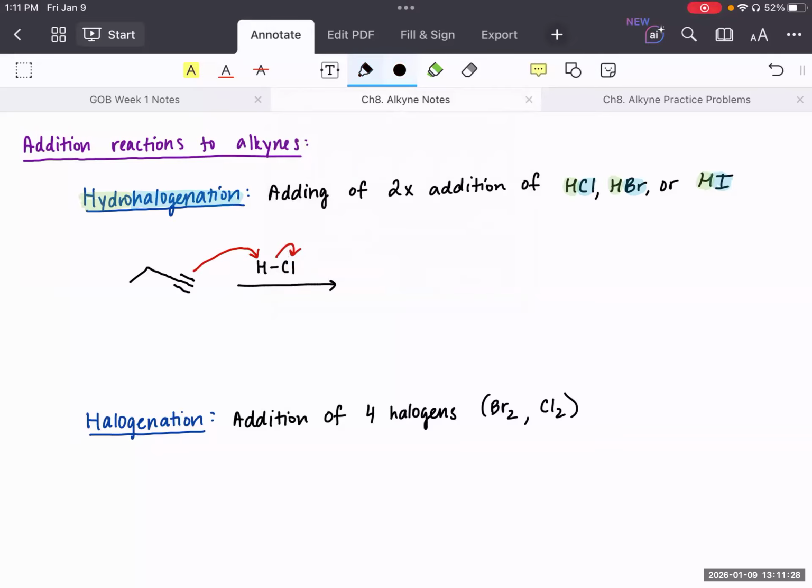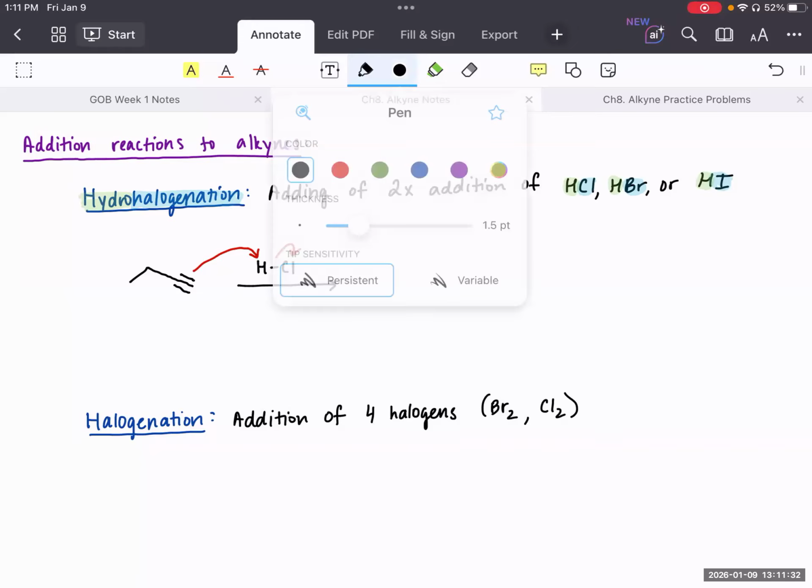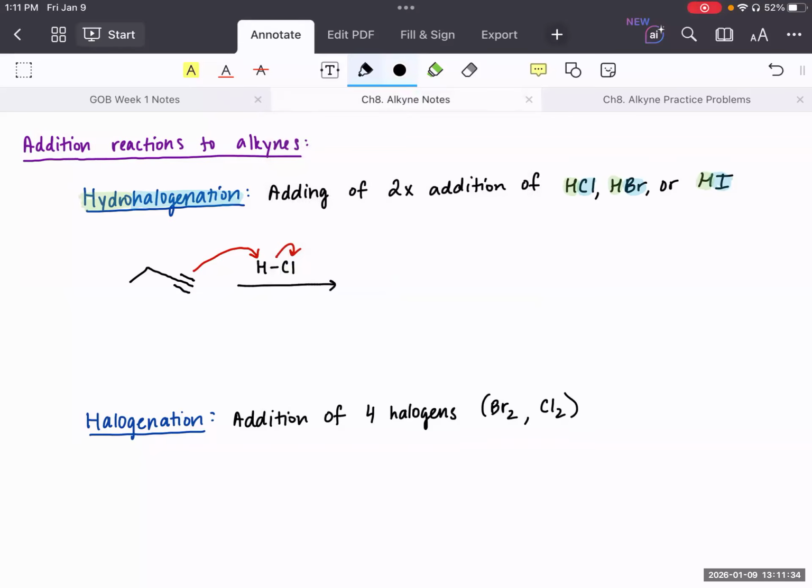As we recall from our previous chapter, the alkyne acts as the nucleophile on the hydrogen. And so we end up forming this intermediate here, where the hydrogen gets added to the terminal carbon.